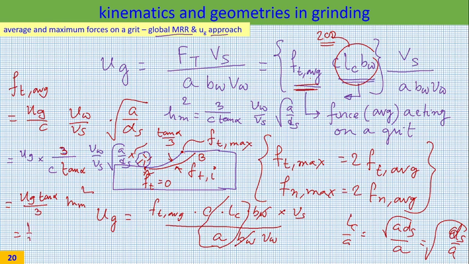So it becomes 1/3 UG HM square tan alpha. If you know how much is your UG and if you calculate how much is your HM square, you can estimate how much is your FT. Other than that, you can also use this expression to calculate FT average. So now we have an expression of FT from the global material removal rate and UG approach.